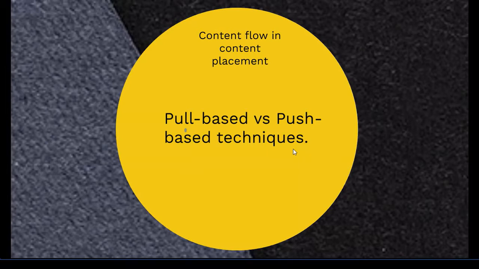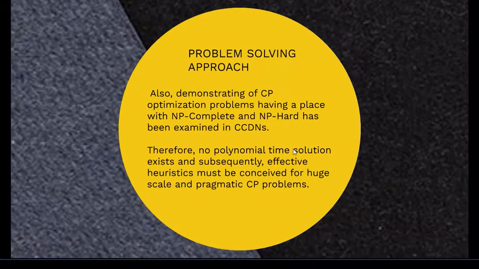Whereas push based techniques are a proactive type of algorithms, and they predict what the user might request and store it on the cache beforehand. So these are two different paradigms of content flow, content placement algorithms.